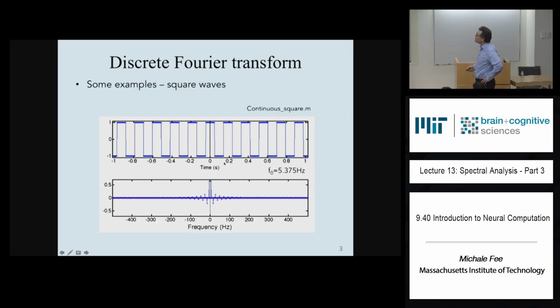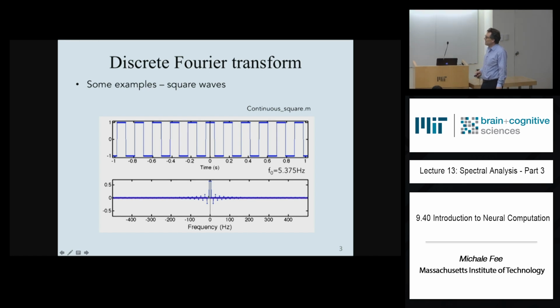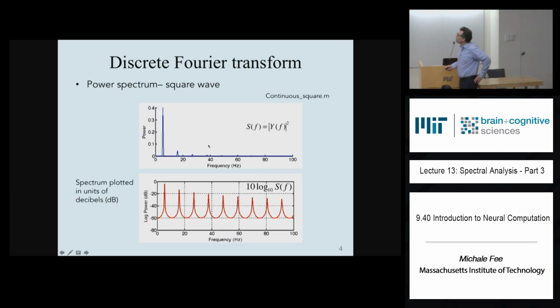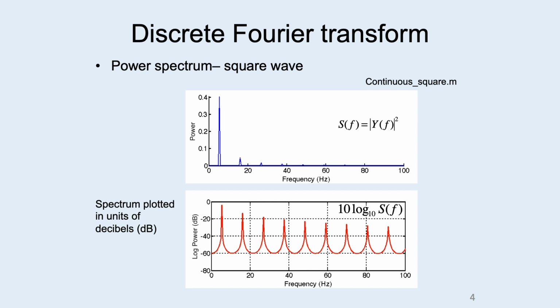For real valued functions, the power spectrum is symmetric. The power at each of these frequencies for the positive frequencies is exactly the same as the power in the negative frequencies. If we plot the power spectrum of that square wave, we can see that there are multiple peaks at regular intervals.